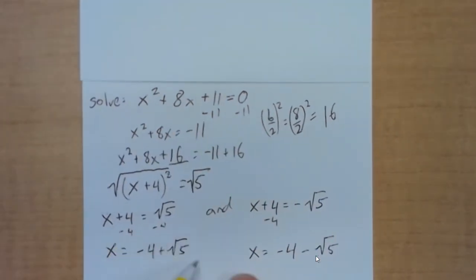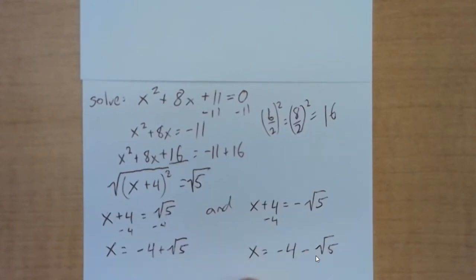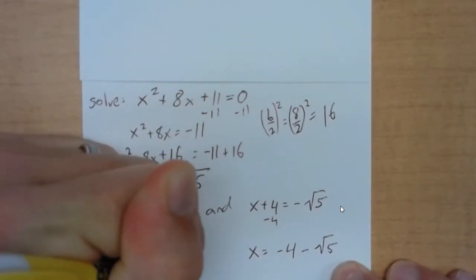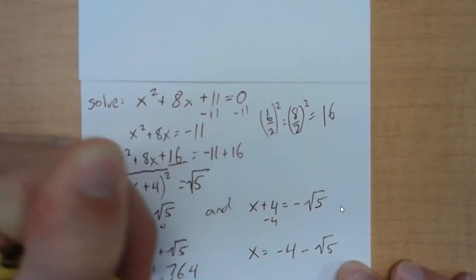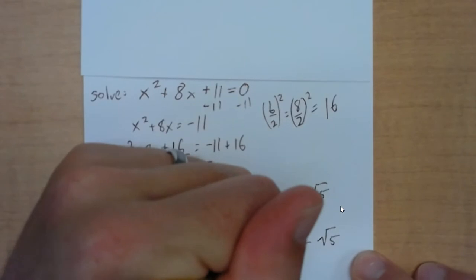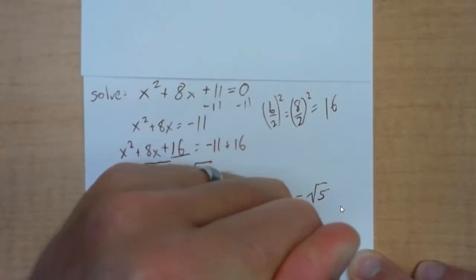So this is the answer that mathematicians would prefer. They want it with the radical, which is the most accurate. But if I'm interested in the actual number, it's going to be decimals, but I'd like to know. So we have negative 1.764 about, and negative 6.236.